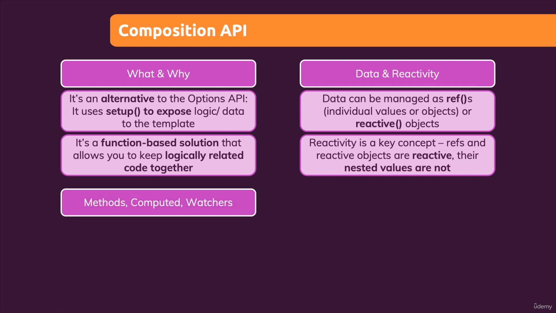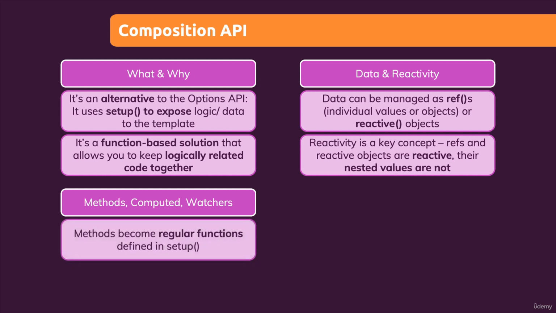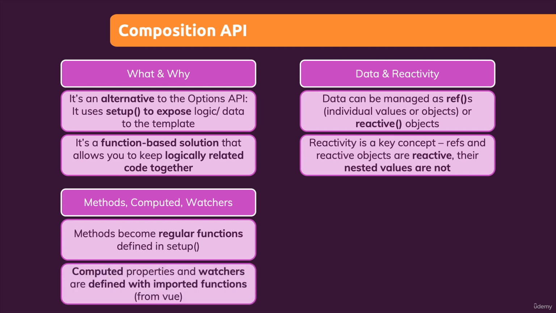Now, data and reactivity is a key concept, but of course not everything. We also have methods, computed, and watchers when using the Options API, and in the Composition API, methods become regular functions which you define in the setup method, and which you then may expose to the template by returning them in that object which you return in the setup method. And then you also have computed properties and watchers, which are defined with these functions which you import from the Vue framework.